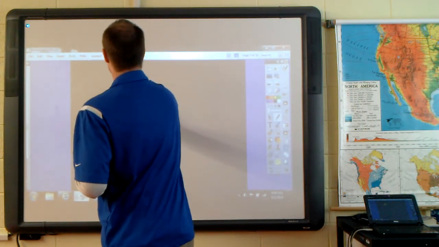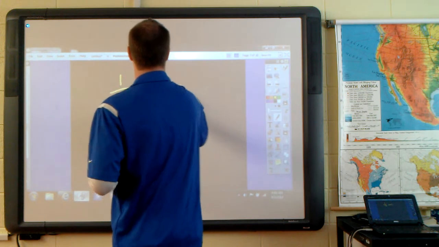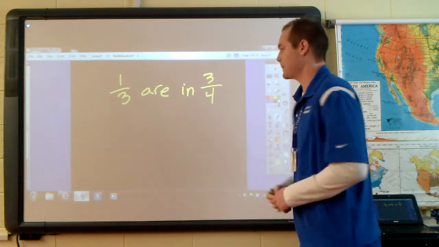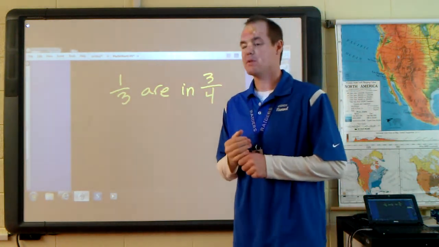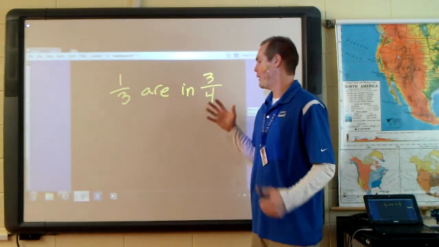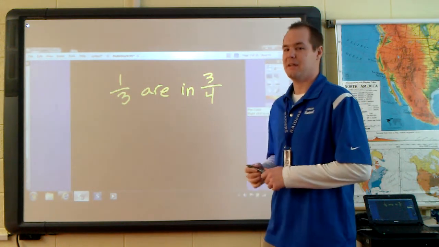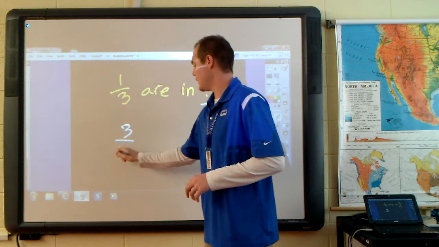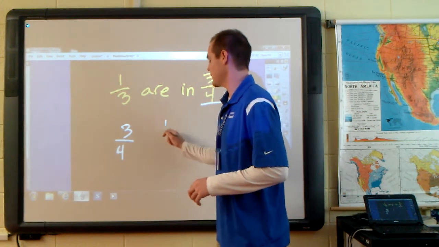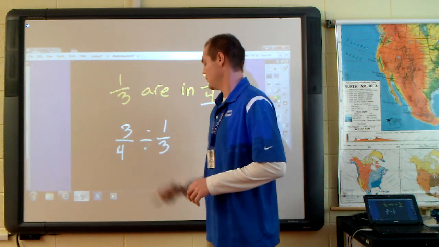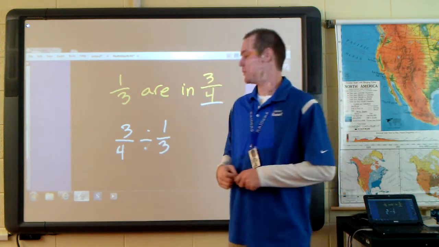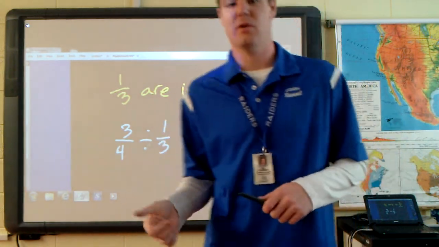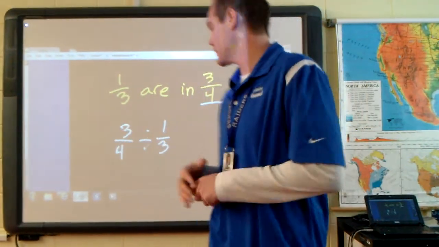Alright, now hopefully when you see these sort of word problems, you understand that you need to put the fractions down basically in the opposite order. Now that we know that 3/4 divided by 1/3, you invert the fraction and you multiply straight across.